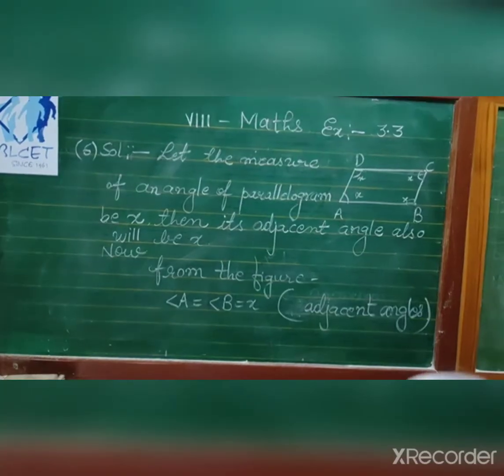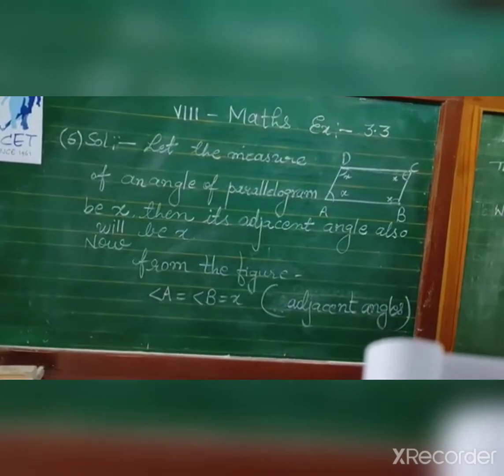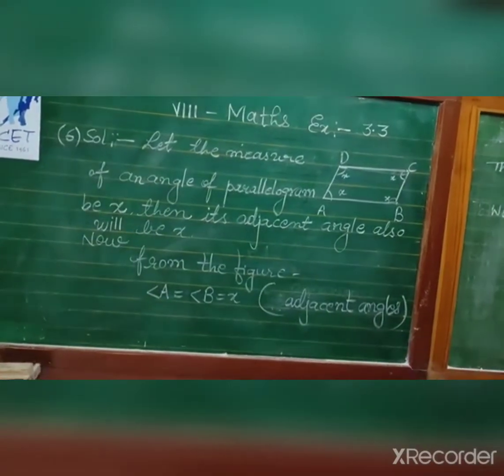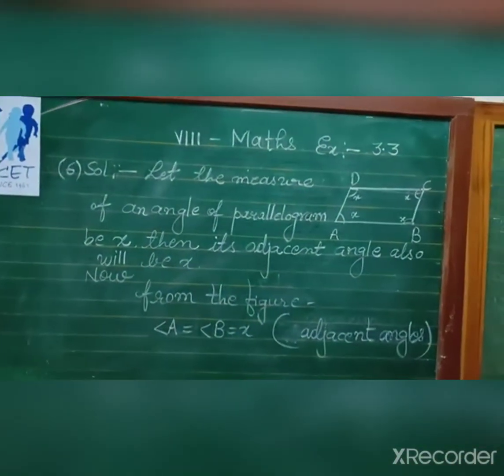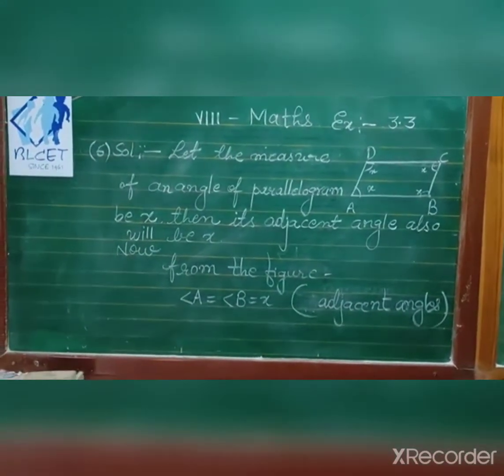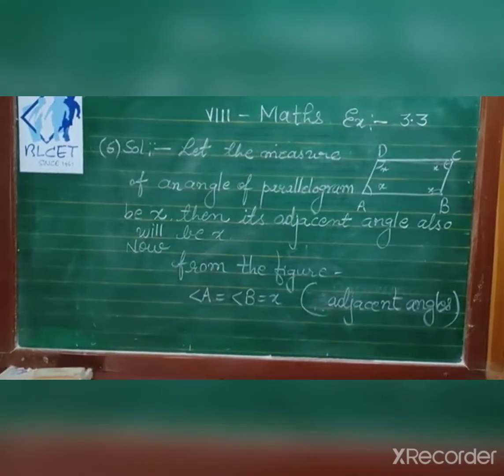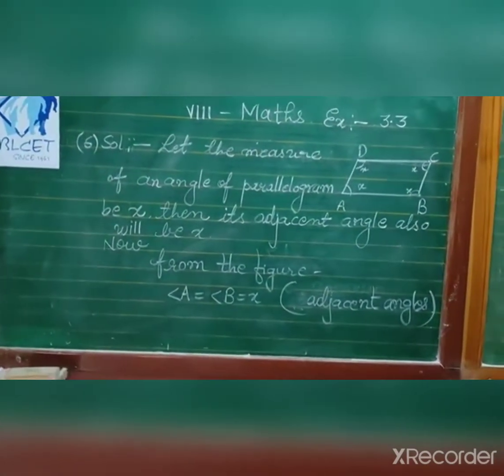Okay. Now question number 6. Two adjacent angles of a parallelogram have equal measure. Find the measure of each of the angles of the parallelogram. Now you can see from the figure, let the measure of an angle of the parallelogram be x, then its adjacent angle also will be x because it is given in the question.